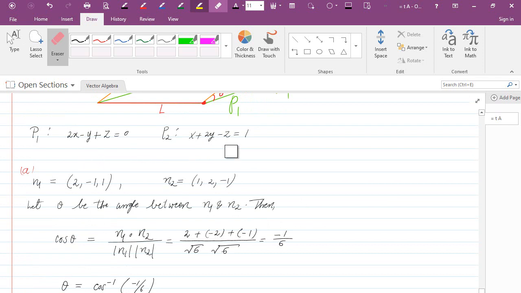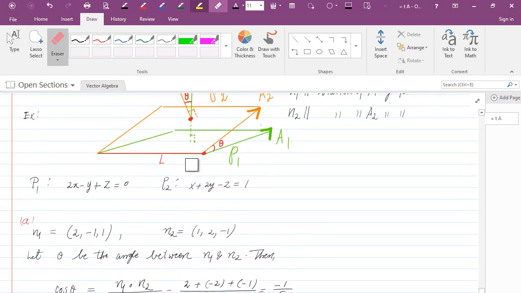Let's say now that we want to find the intersection of the two planes. That is, we want to find the equation of the line L, which is the intersection of the planes. How do we do that?